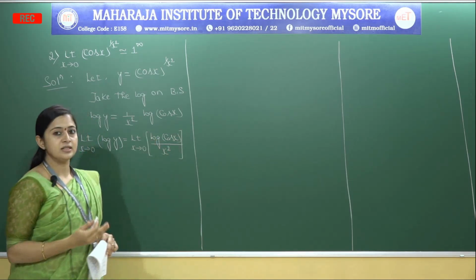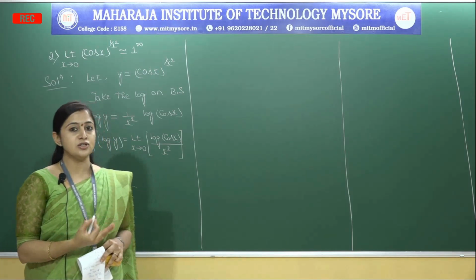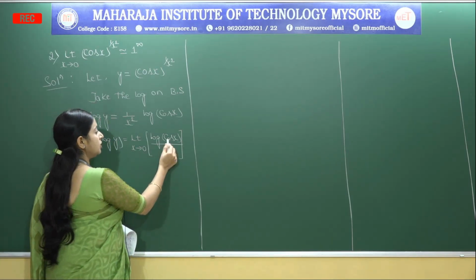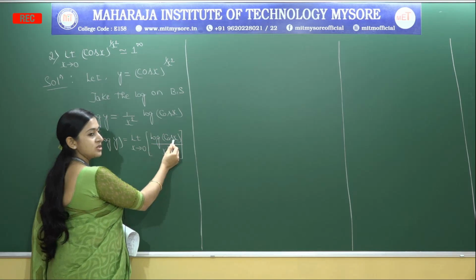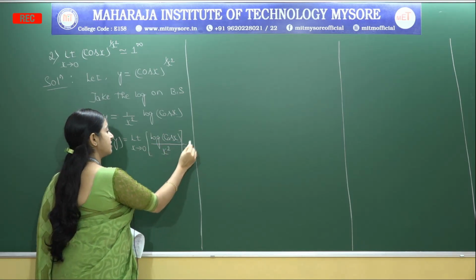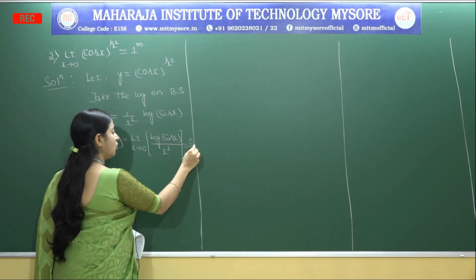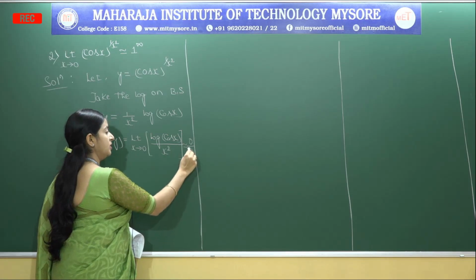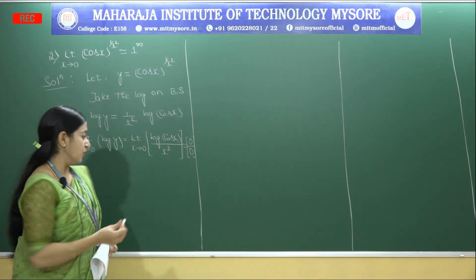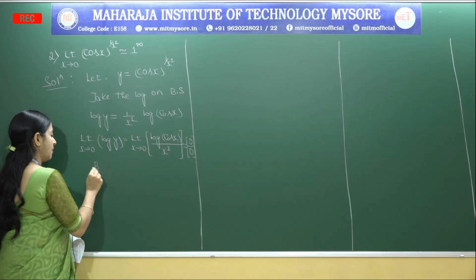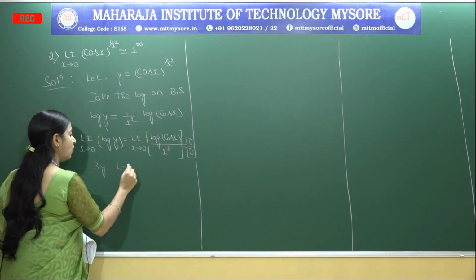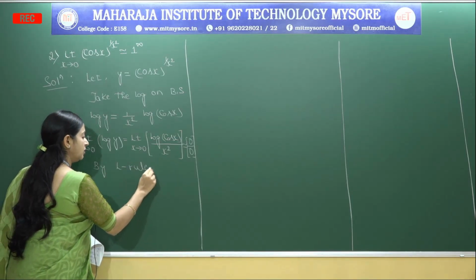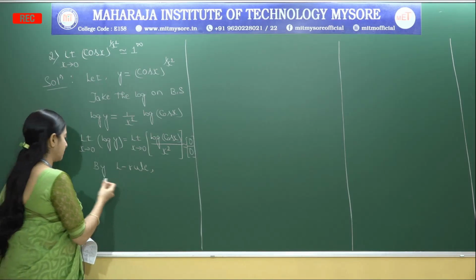Soon after this, apply the limit as x tends to 0. So cos 0 is 1, log 1 is 0, and the denominator x square is also 0. Then you can apply the L'Hospital rule, or simply L rule.